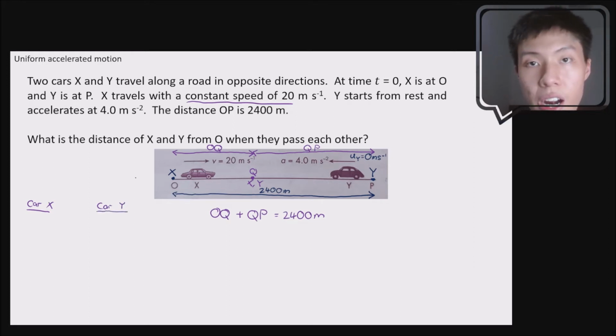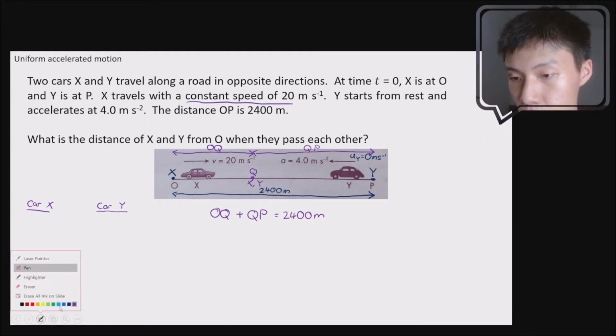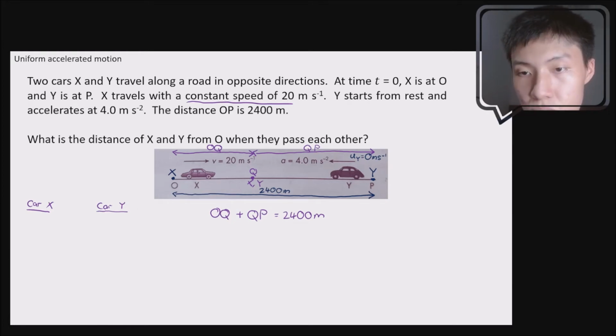For car X, we have to determine its initial and final position first. We do step 2, initial and final position. So car X, I'm going to use a blue color. The initial for car X will be at this point O over here. The final for car X will be at this point where they pass each other.